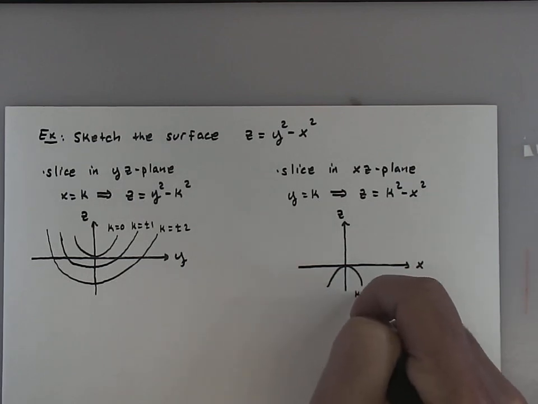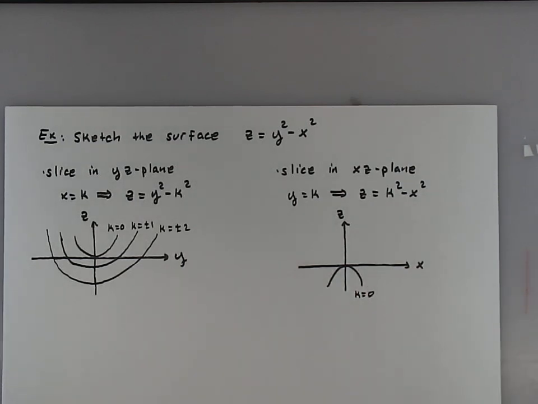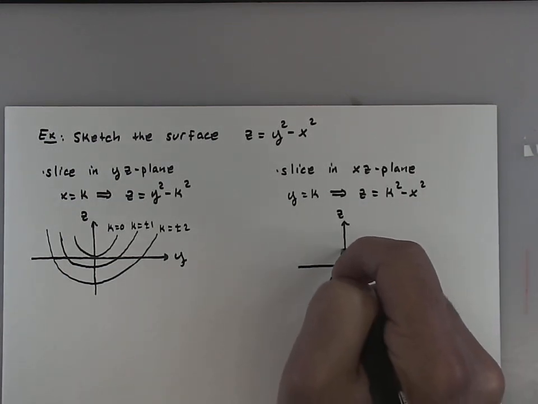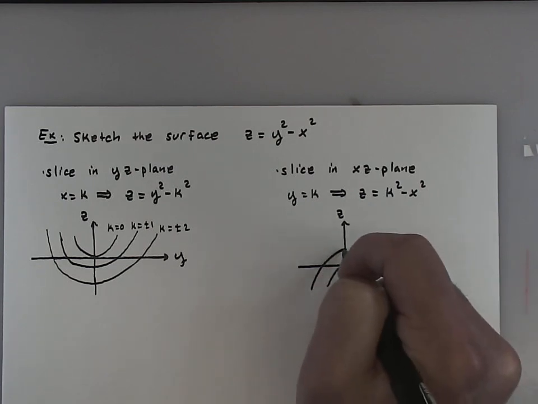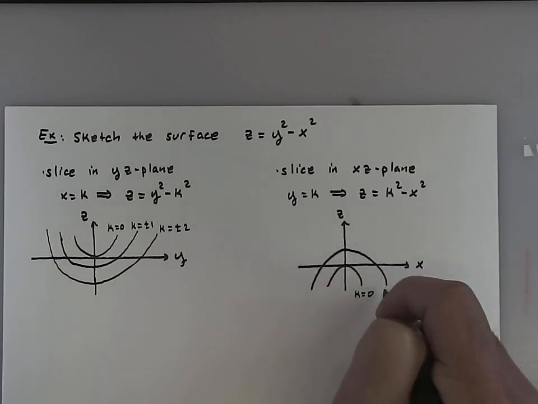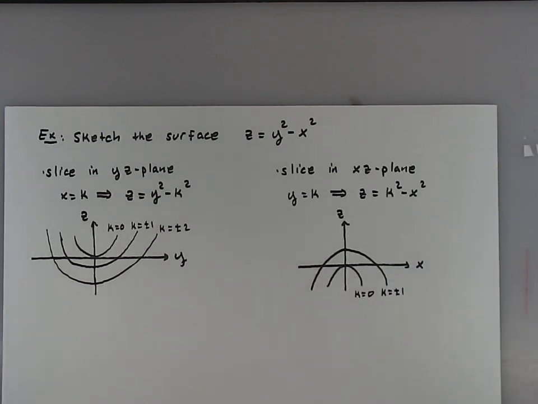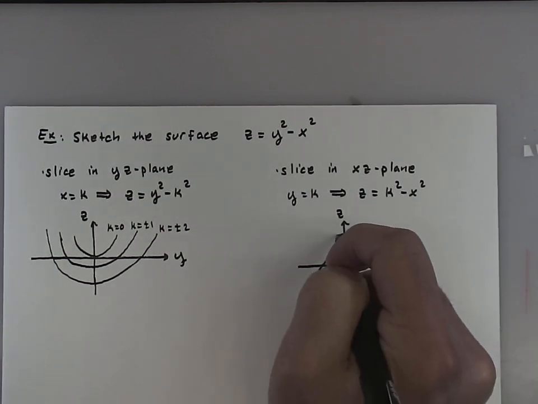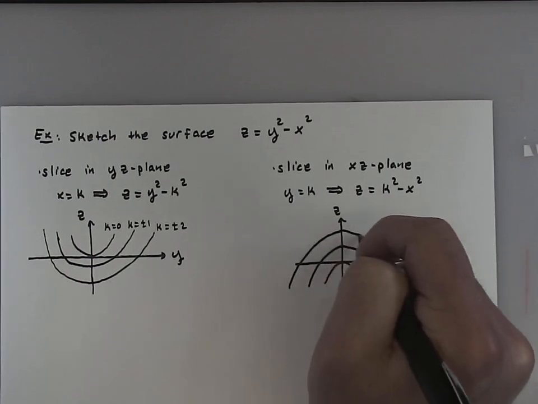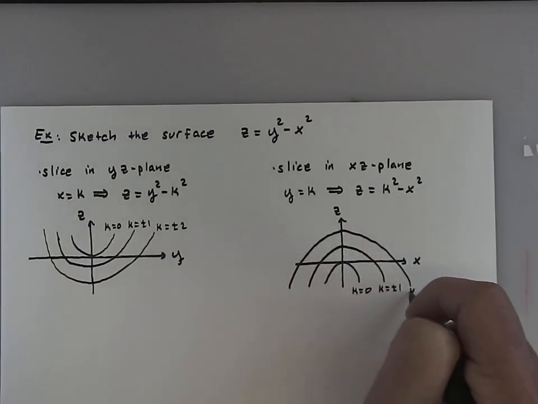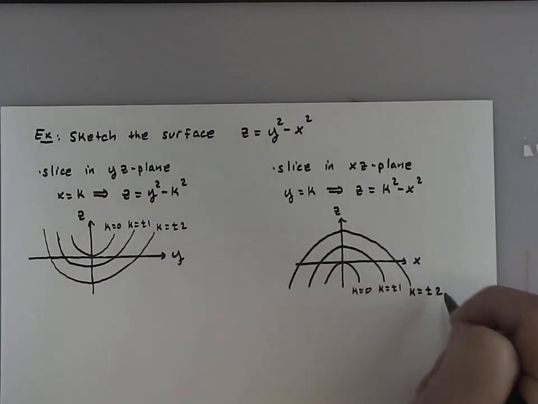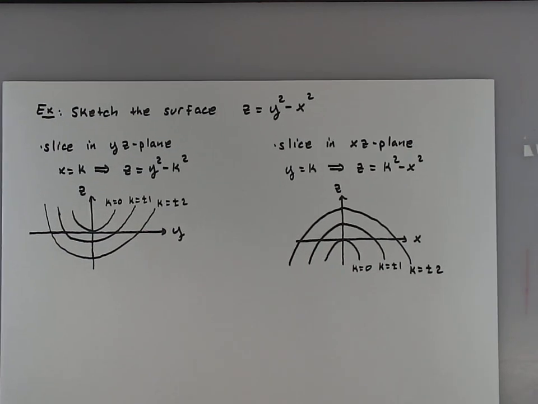So this is if k is 0. If k is plus or minus 1, I get the parabola shifted up 1. So this is k is plus or minus 1. If k is plus or minus 2, I get the parabola shifted up 2. So this is k is plus or minus 2.